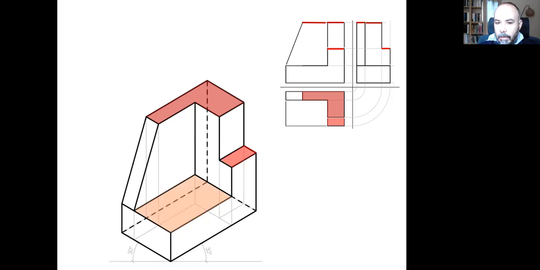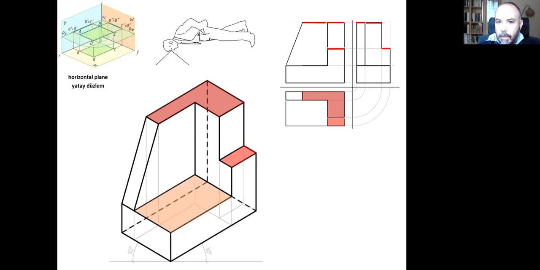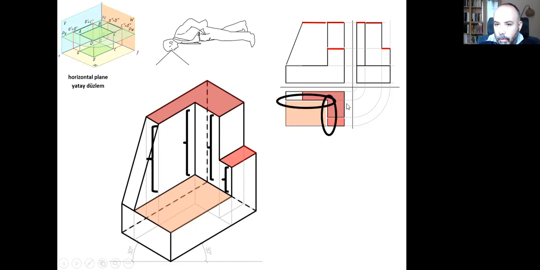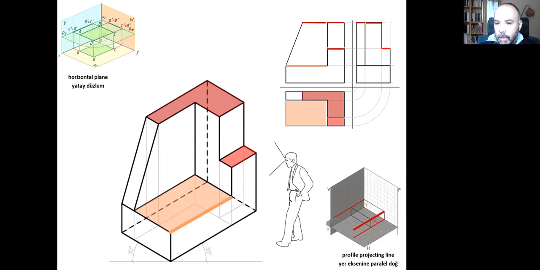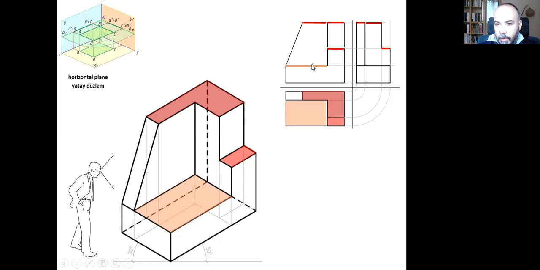And this is the third surface that I can see. It's again a horizontal plane. When I look at this direction, that appears there. And because of this level difference, I need to leave all these gaps with the drawing and the coloring. And when I move to that spot here, I will see its front edge as another profile projecting line that appears here.